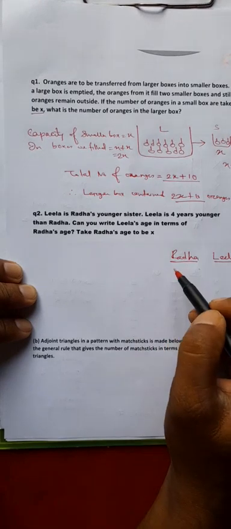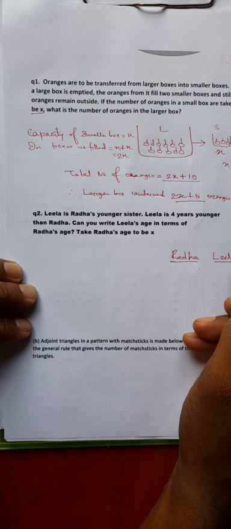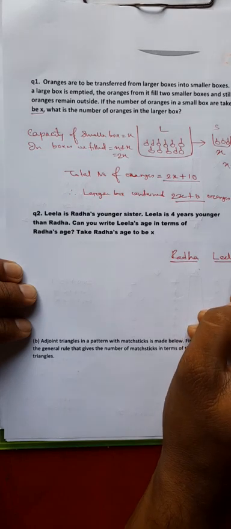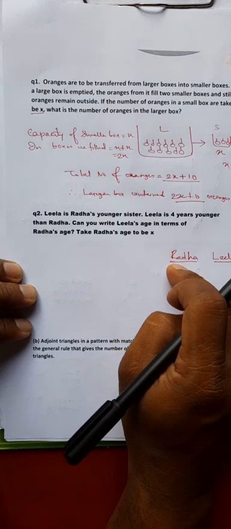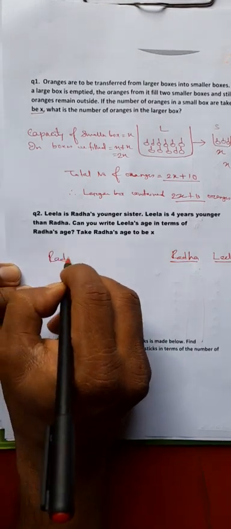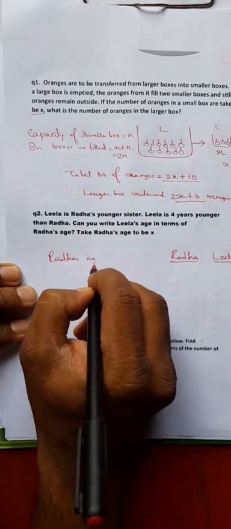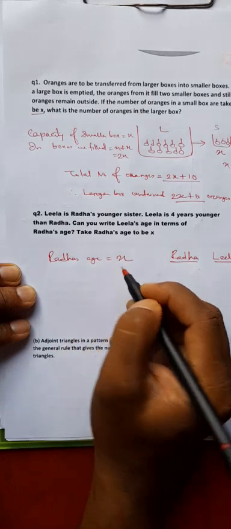It says Leela is Radha's younger sister. That means she is younger. Her age is less than Radha's. Right. So what is Radha's age? Radha's age is to be considered as x.